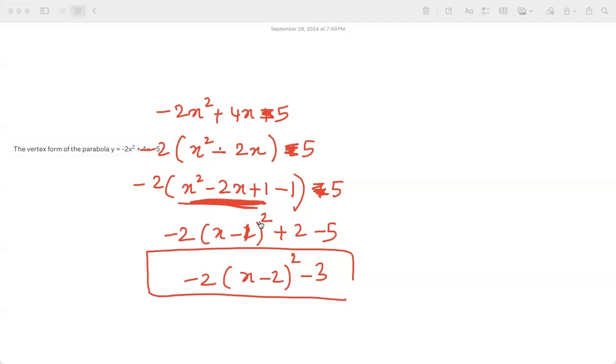Let me check the answer. Yeah, correct. It is x minus 1 the whole square. Good catch, Arya and Dhwani. Pranav, it's x minus 1 the whole square, Pranav.